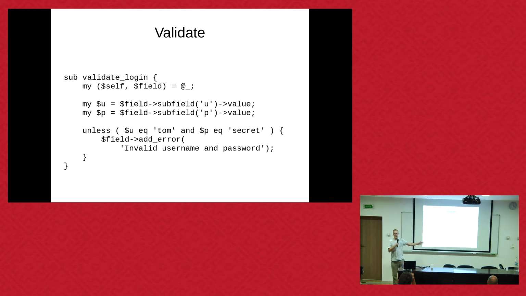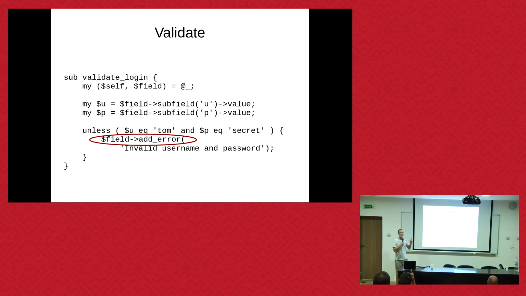Much like the options underscore methods, the name of the field follows the underscore. And this time, we not only get the form object in $self, but we get the field object, in this case, the compound field login. And that compound field has subfields, so we can get out the username and password value.